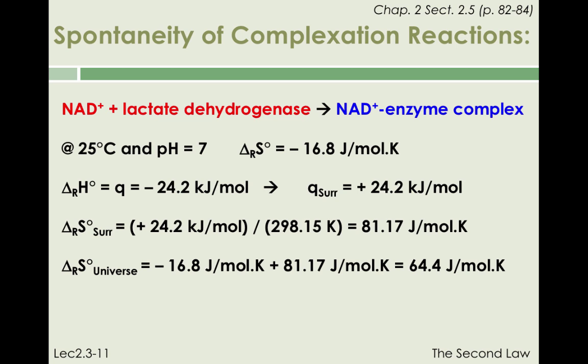So, ΔrS standard for the universe is equal to minus 16.8 plus 81.17 joules per mole per Kelvin, equal to 64.4 joules per mole per Kelvin. Since ΔrS standard for the universe is positive, we can say that under standard conditions, the complexation process between NAD+ and lactate dehydrogenase is spontaneous.